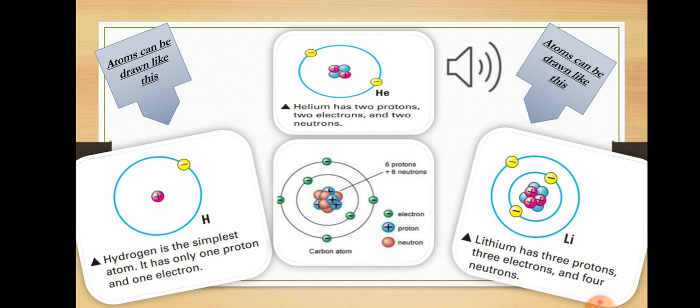Notice how the 6 protons and 6 neutrons reside inside the nucleus, while the electrons are shown in orbits surrounding the nucleus. The number of protons identifies the element. All carbon has 6 protons and therefore 6 electrons. However, there may be minor variations in the number of neutrons in atoms of an element. These variations are called isotopes.